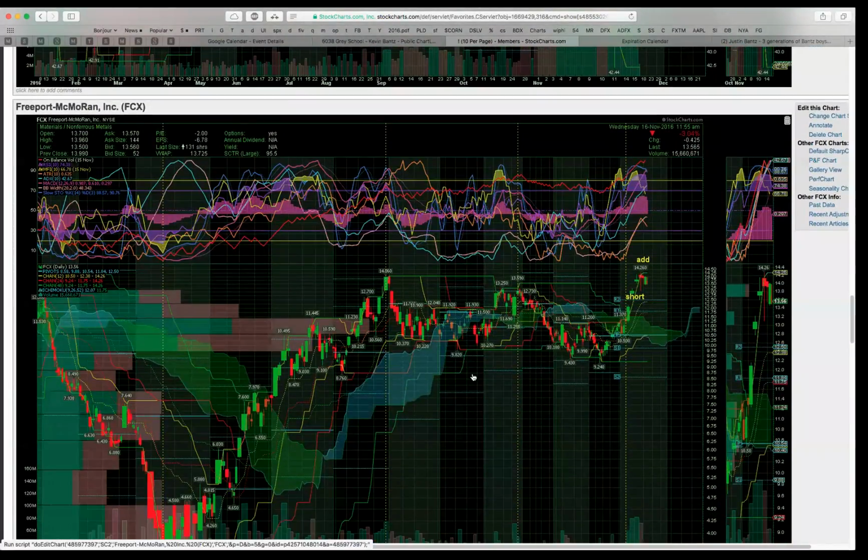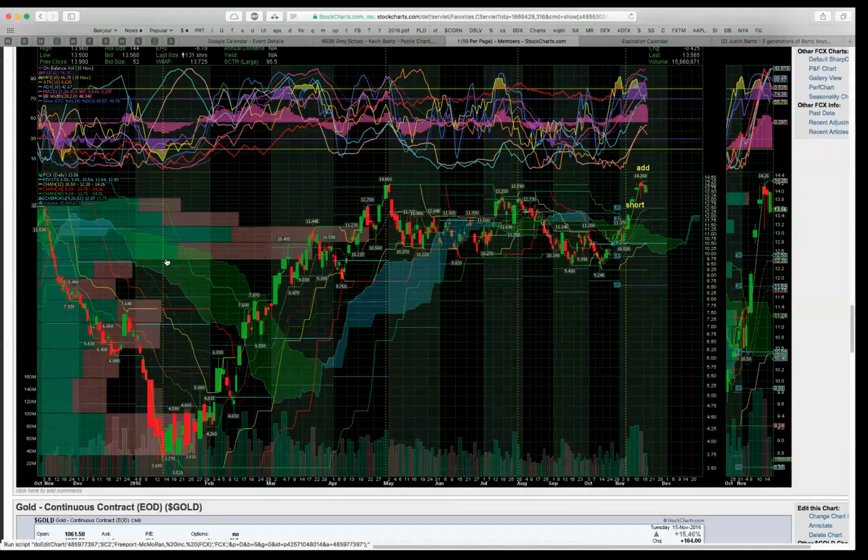The Freeport, the shorts were put on basically at the open, like over the weekend, Monday open, and then add. It's still frothy, and the unbalanced volume. The last sells were down here.